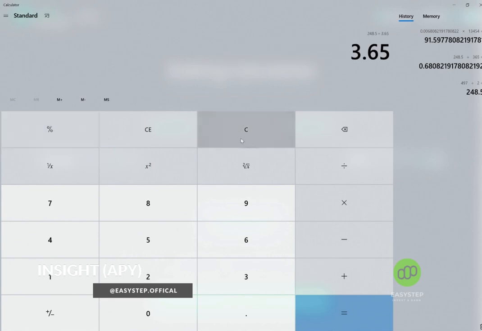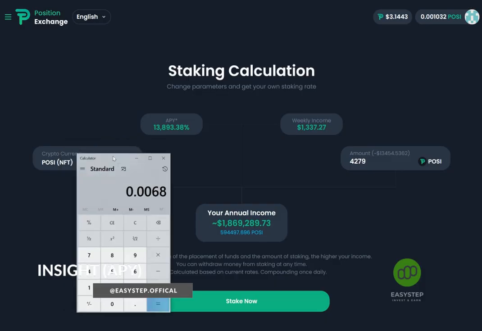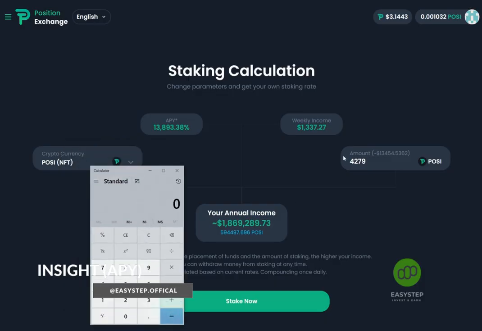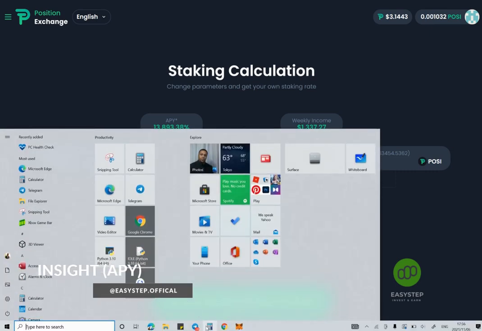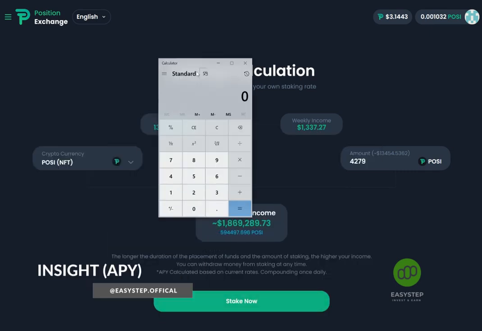Okay, I'm just going to have to punch this in myself. 0.0068. Okay, if that's my percentage. If POSI goes up to $7, that means that my 4,279 tokens will be worth more, right?